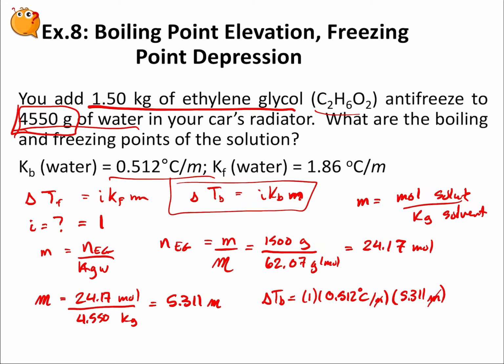We're going to get a value in degrees Celsius, and that equals 2.72 degrees C. So the old boiling point was 100 degrees Celsius. The new boiling point is 2.72 degrees Celsius higher than that. So the actual boiling temperature of that solution is going to be 102.72 degrees Celsius.